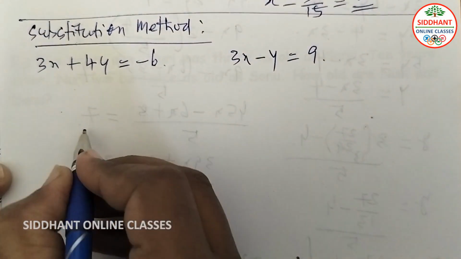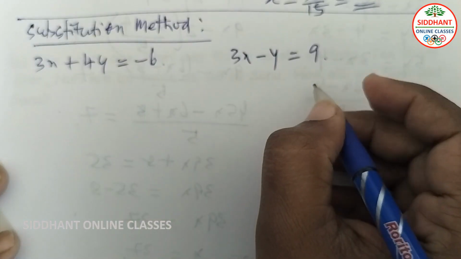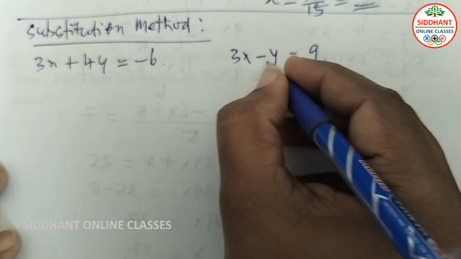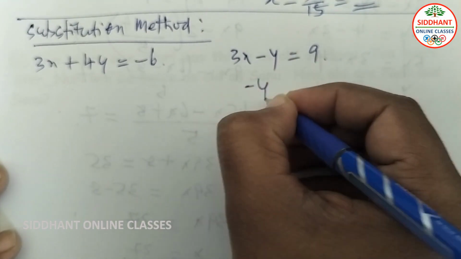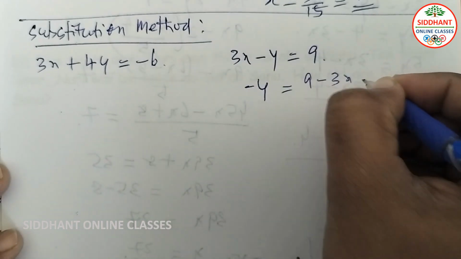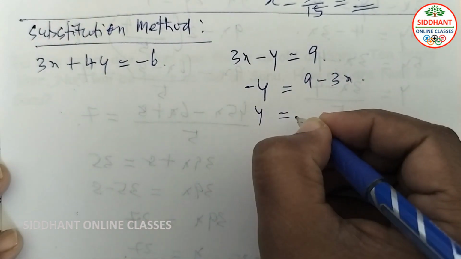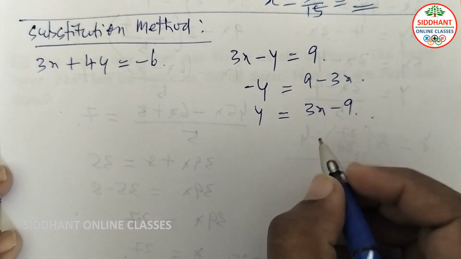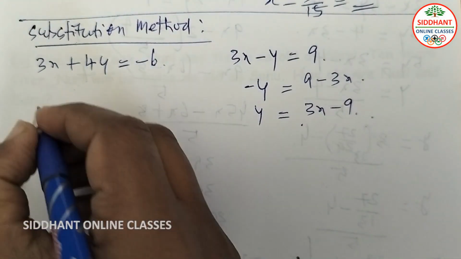Now we are going to find the y value. Suppose minus y equals 9 minus 3x, and y equals 3x minus 9. So this y value we are going to substitute here.